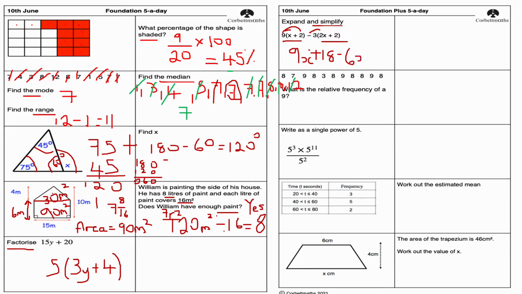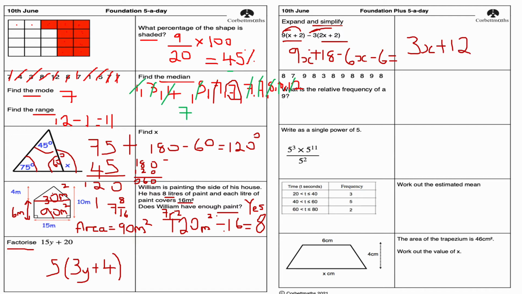Okay, and negative 3 times positive 2 is negative 6, guys. Okay, collecting my like terms, 9x minus 6x is 3x, 18 subtract 6 is 12, guys. So the answer I get is 3x plus 12.